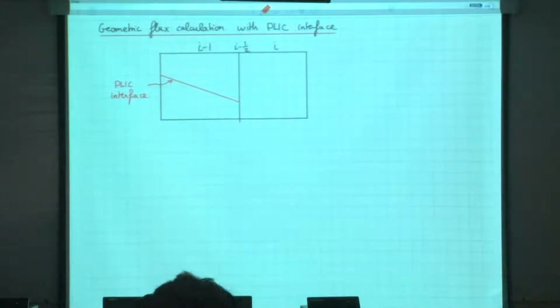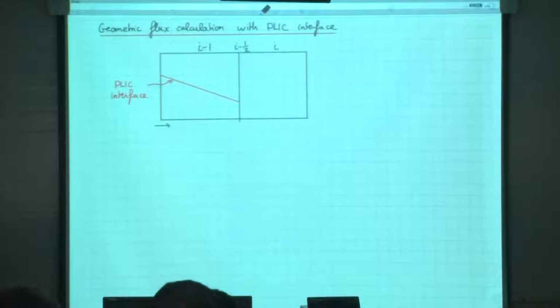So to deal with this problem in multiple dimensions, we're going to be working in a direction per direction basis. So we're going to do what's called split advection. We're going to work in X first, then in Y, then in Z. So we're never really going to tackle the full 3D nature of the problem.